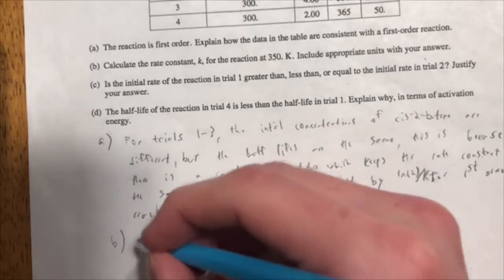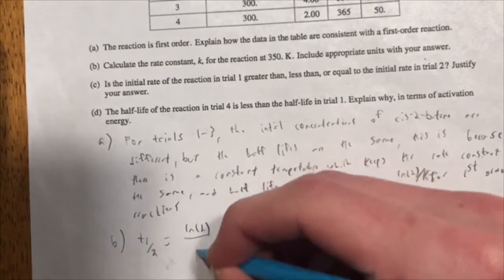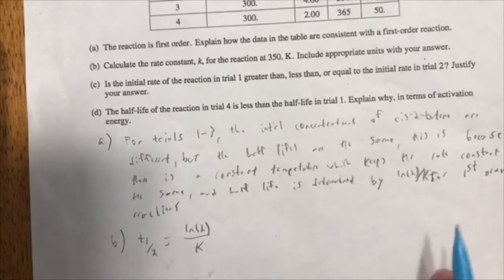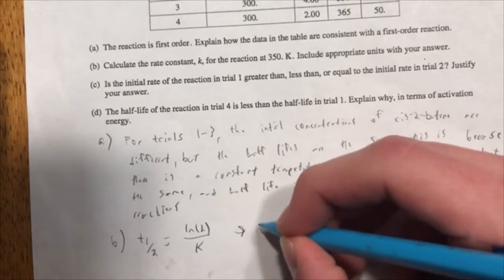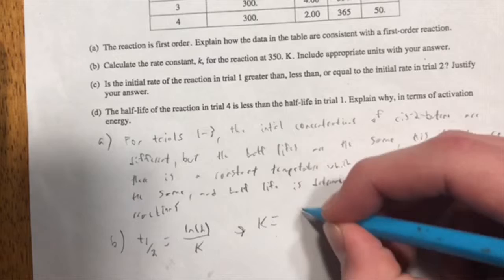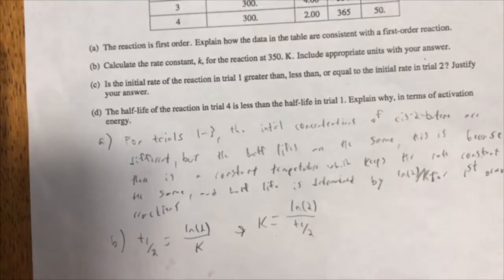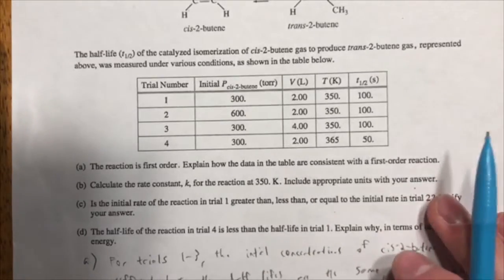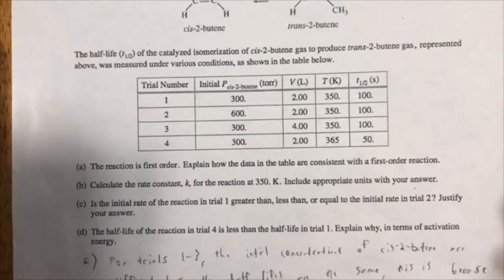Well, as I explained before, the half-life for a first order reaction is equal to the natural log of 2 over the rate constant. So with some manipulation, by multiplying both sides by k, then dividing both sides by half-life, we get the rate constant equals natural log of 2 over the half-life. But then in our table we can see at 350 degrees, the half-life is 100.